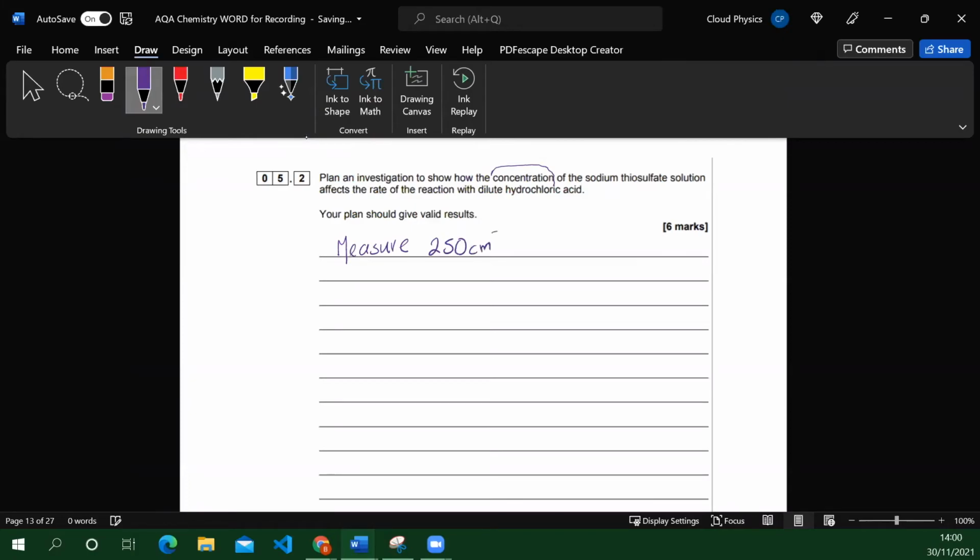That's generally what I used to use. Measure 250 centimetres cubed of sodium thiosulfate. Okay, then place sodium thiosulfate in a conical flask. Yeah, that's important, a conical flask I would use.